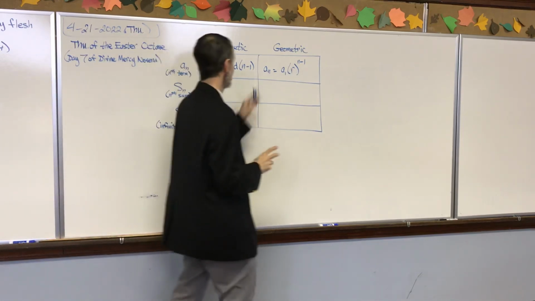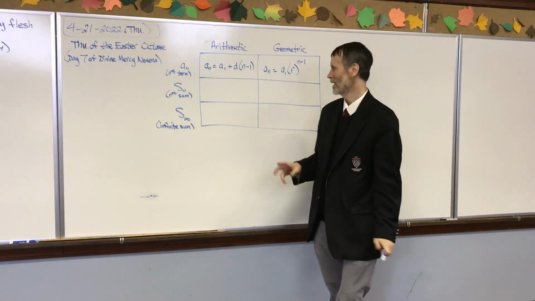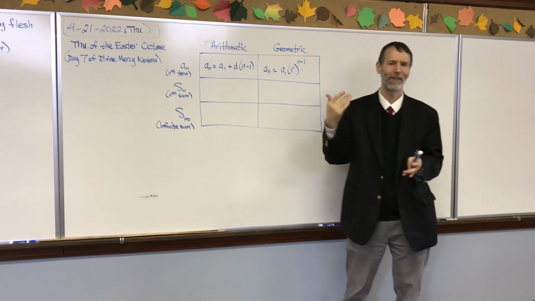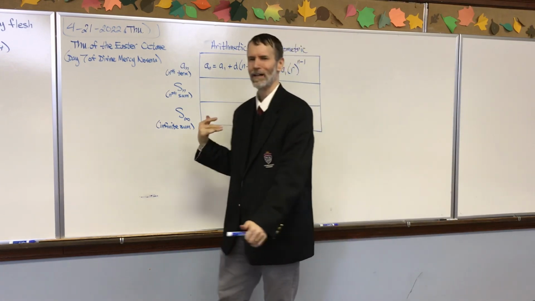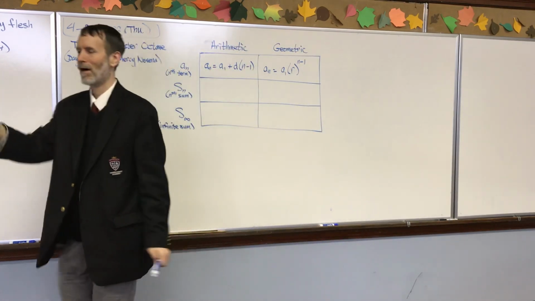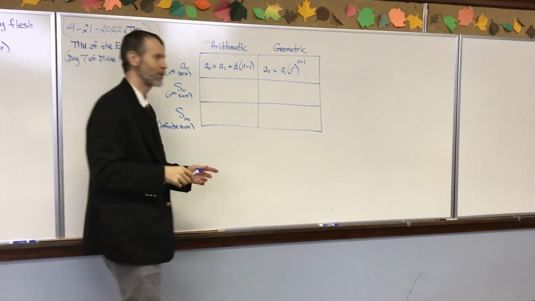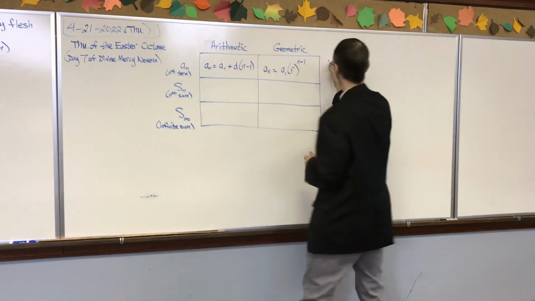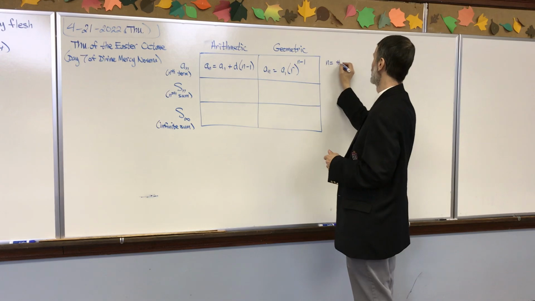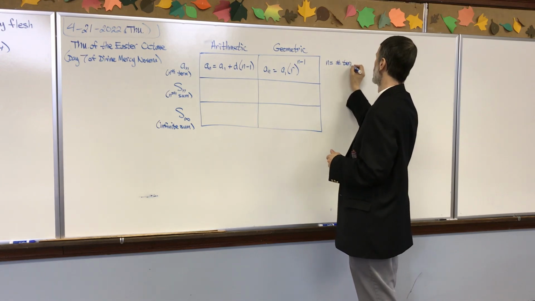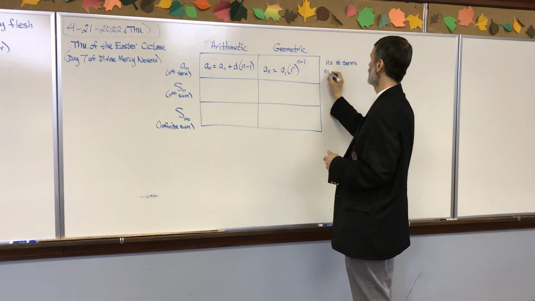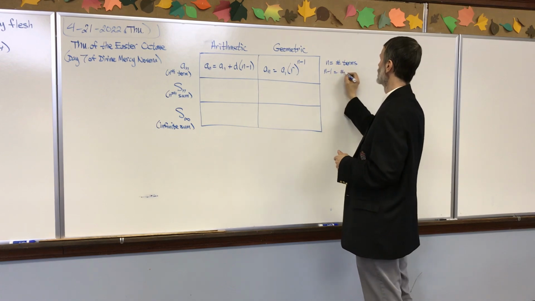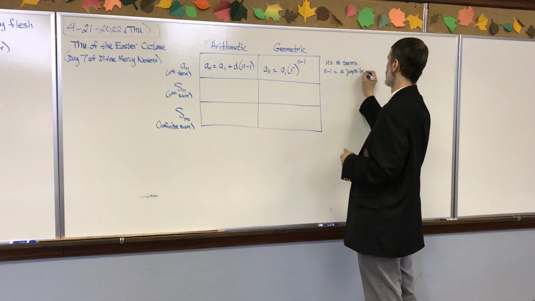Quick question. In both of these formulas, instead of just plain old n, they have n minus 1. Yeah. It's the number of jumps between terms. In all of these, n is the number of terms, and n minus 1 is the number of jumps between the terms.